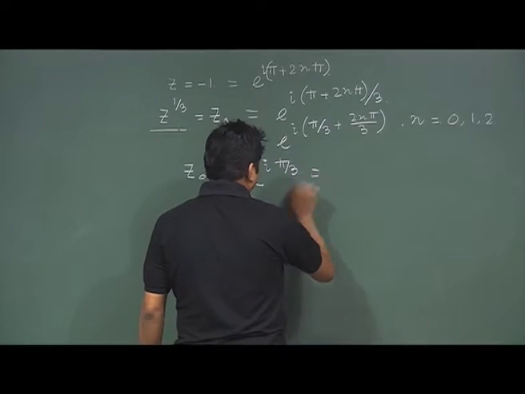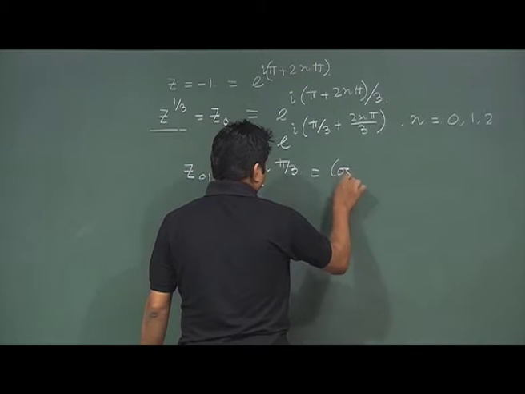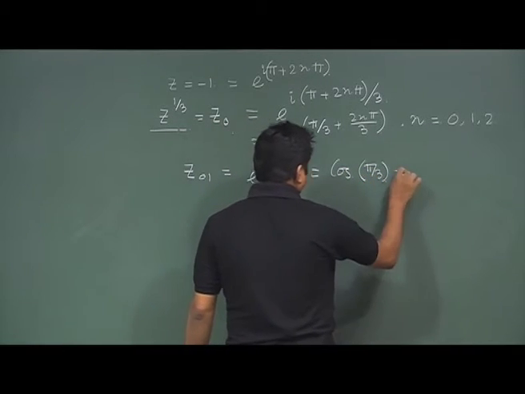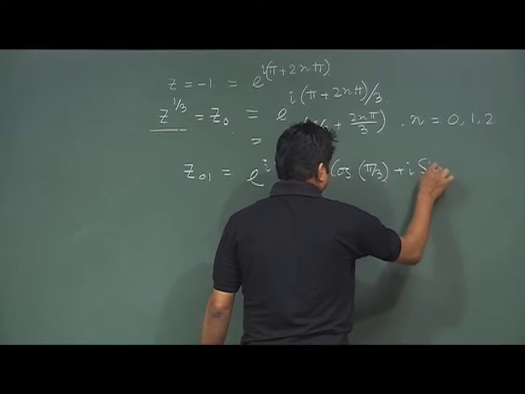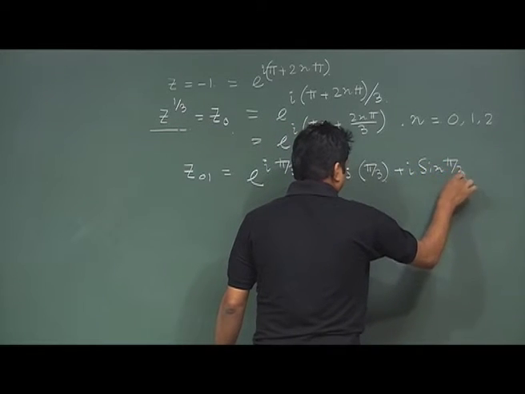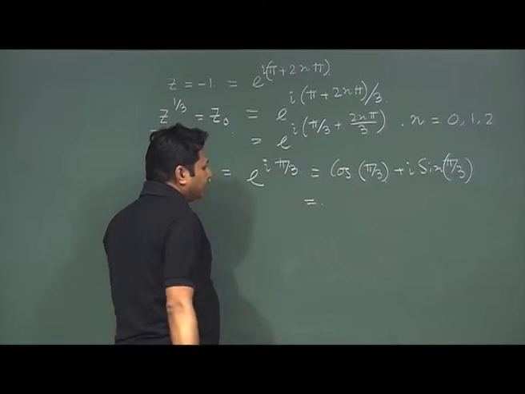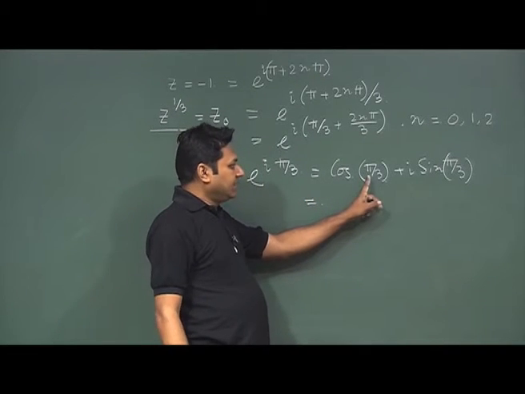So it is cos pi by 3 plus I sin pi by 3. Cos pi by 3, that means cos 60 degree.